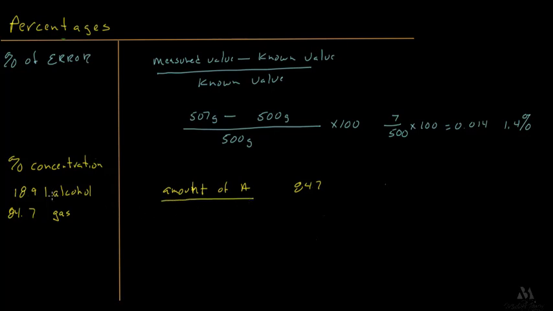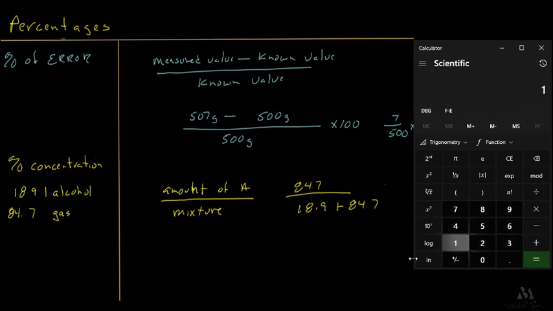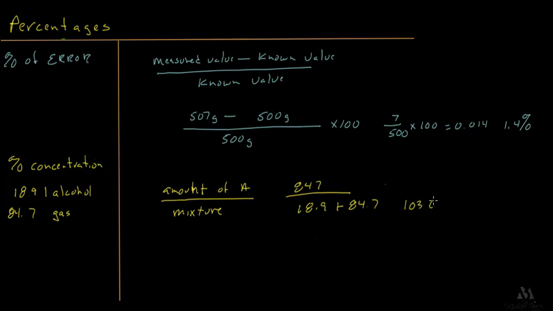That's going to be over the total amount of the mixture. And for us, that is going to be 18.9 plus our 84.7. So 18.9 plus 84.7 is 103.6.